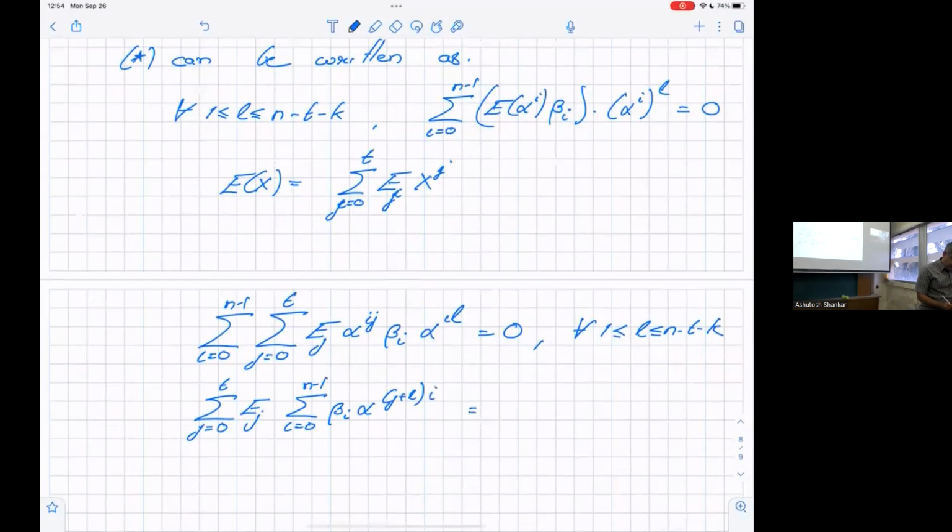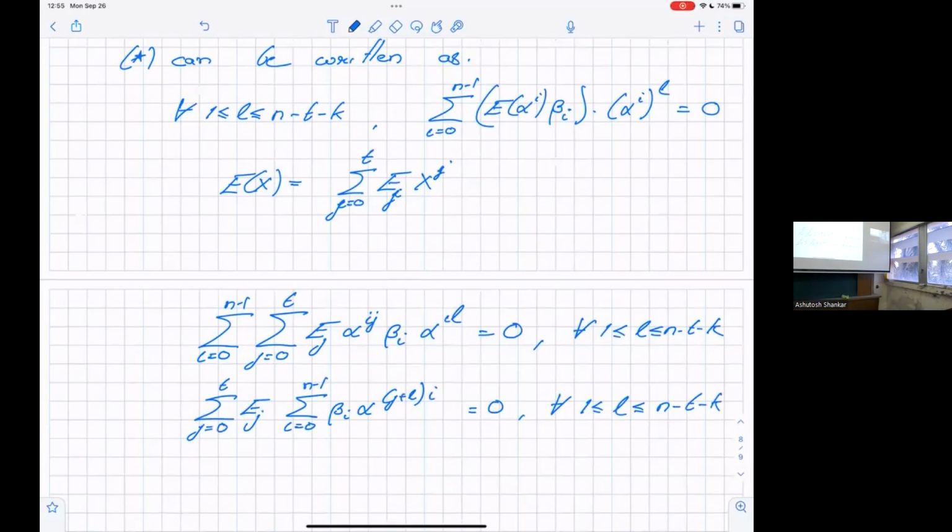I just rewrote the above condition. This is the linear system we need to solve. By the way, at this point you can solve the linear system. There's a bunch of linear equations in the e_j's. To solve it, get an E, and we have already seen Berlekamp-Welch tells you that any E that you get for the system is a multiple of E hat, so you can go ahead and finish the solution.